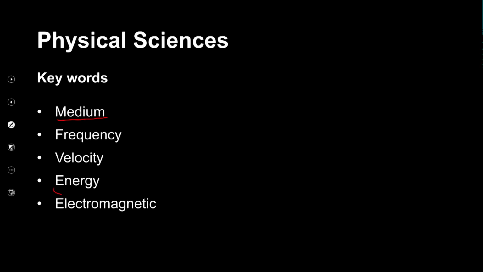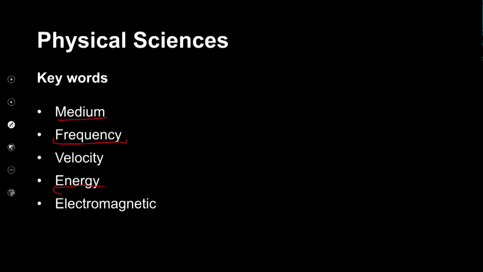We also have the word energy down here, and that is because obviously all waves represent energy moving from one place to another. We need to remind ourselves that all waves have a frequency, which is a measurement of how often a particular event occurs per unit time. In the case of waves, it's how often a wave front passes a particular point in the medium per unit time.